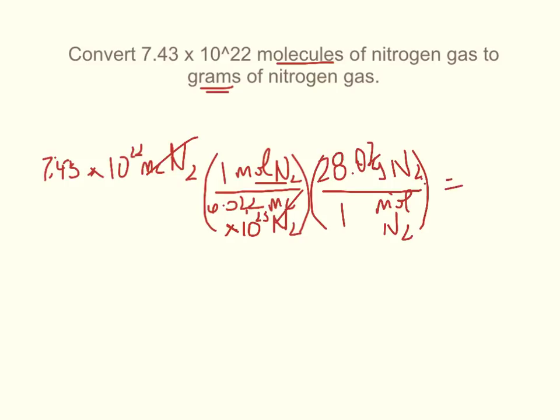And so when I punch this into the calculator, I'm going to take 7.43 times 10 to the 22nd, divide by 6.022 times 10 to the 23rd, and multiply by 28.02. And if I did my math right, I got 3.46 grams of N2. And that, of course, is rounded to 3 significant figures because that's what I started with.